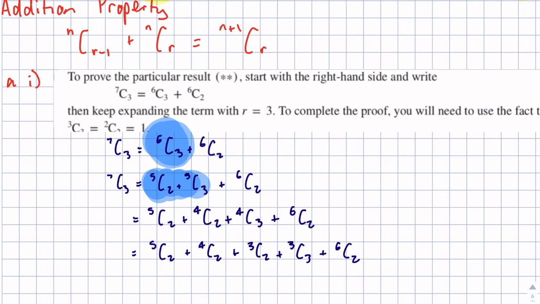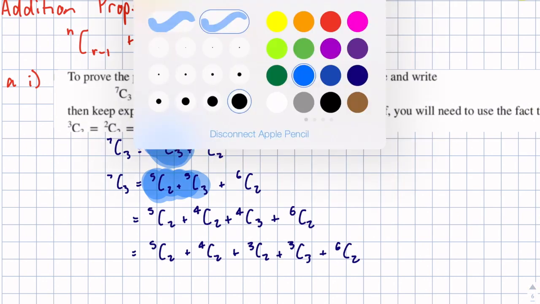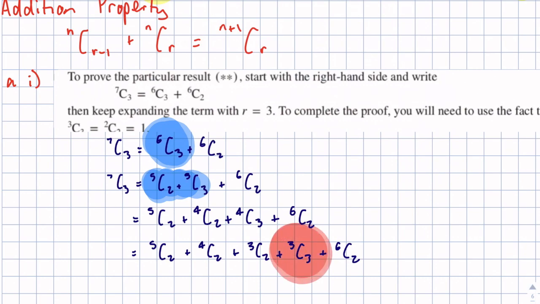6C2. And it says to use the result that anything C itself equals 1. Now I've got 3C3. So that's 5C2 plus 4C2 plus 3C2 plus, well, 3C3 is the same as 2C2 plus, well, I can't do 2C3, so it's 2C2. And then I've got my 6C2.